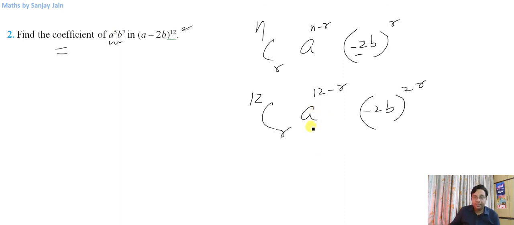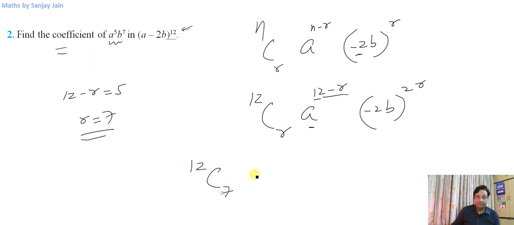When we require a raised to power 5, so r has to be 7 because 12 minus r I want 5, so r will be equal to 7. Putting r equal to 7, 12C7 into a raised to power 5, and r is 7, right?